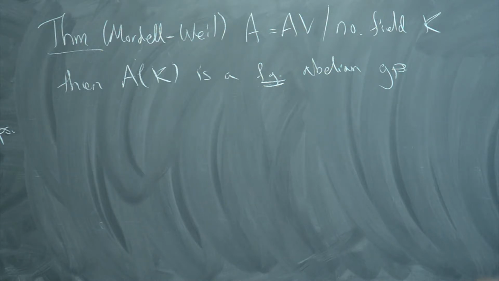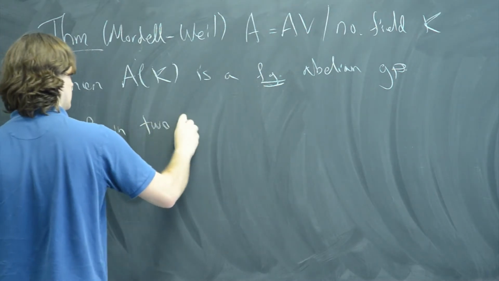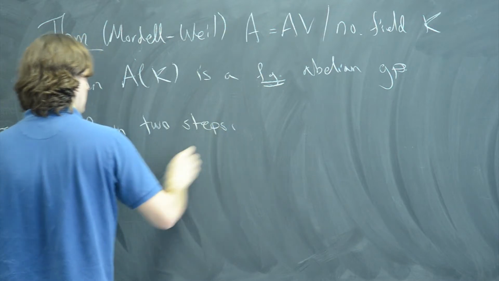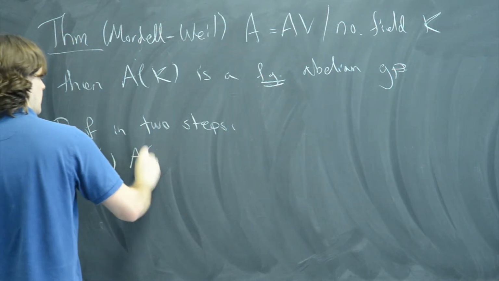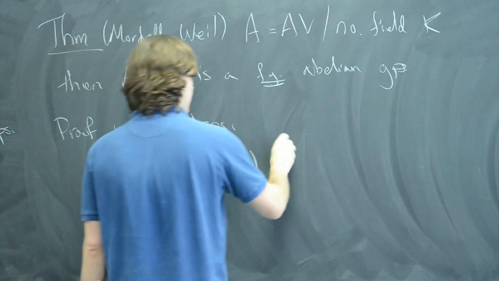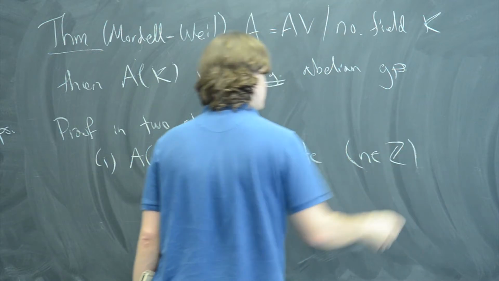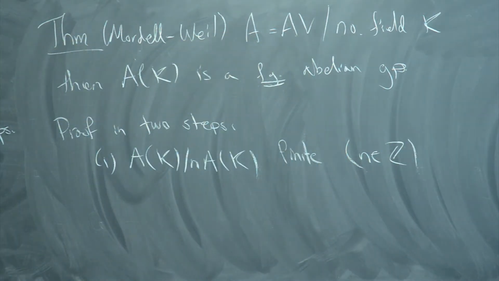The proof of this theorem is usually done in two steps. First, you show that A(k) mod nA(k) is finite for integers n. This is often called the weak Mordell-Weil theorem.